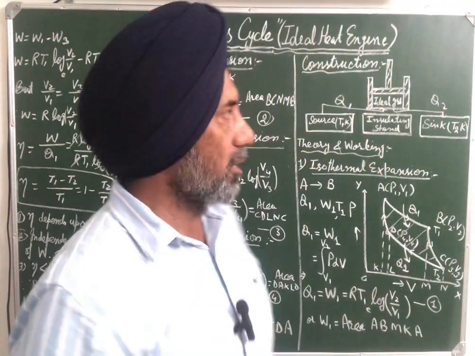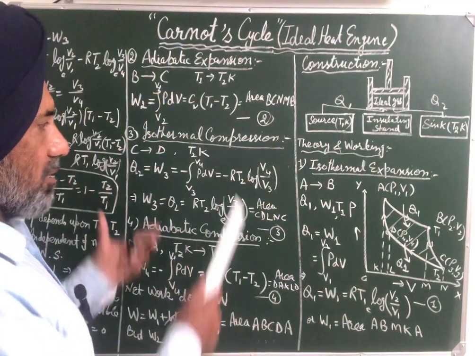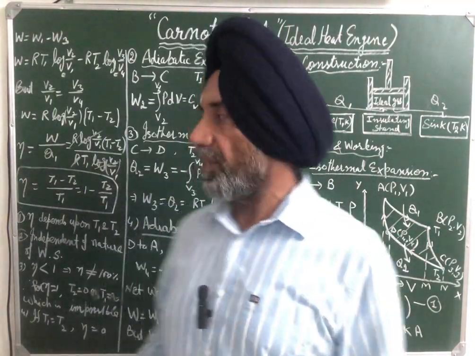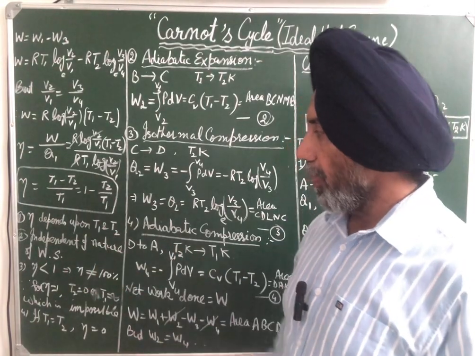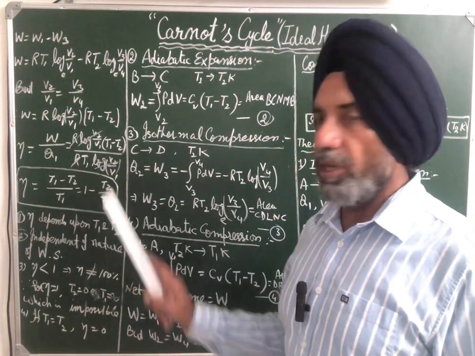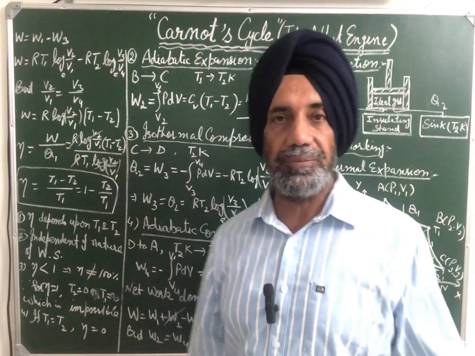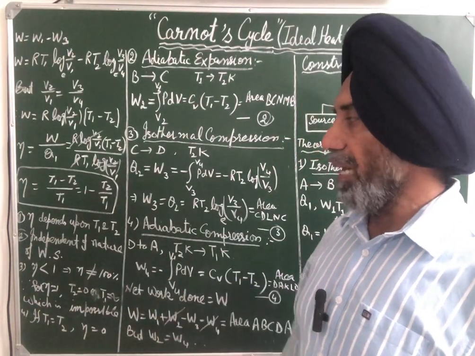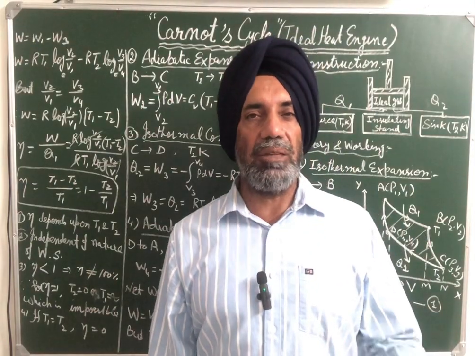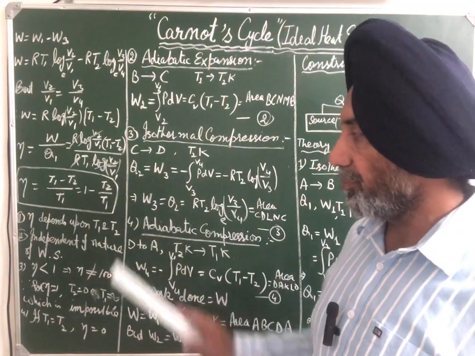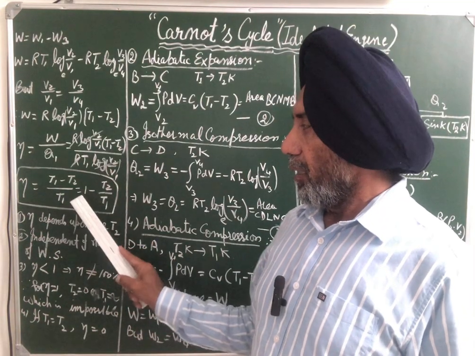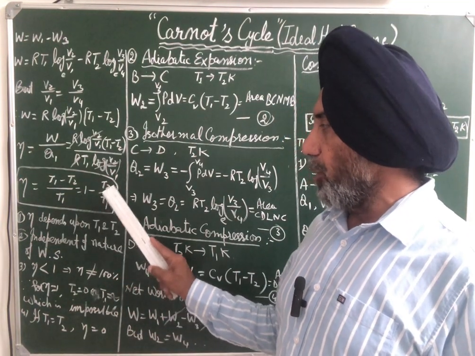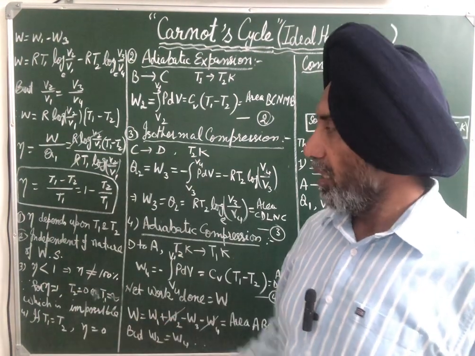In this way, we can explain the working of the Carnot cycle, and hence we can derive the expression for efficiency of the Carnot cycle. And from this equation, we conclude number 1: efficiency of the Carnot cycle depends only upon the temperature of the source and the temperature of the sink. It means it is independent of the nature of the working substance. Third point, the right hand side is always less than 1 because T2 upon T1 is positive.